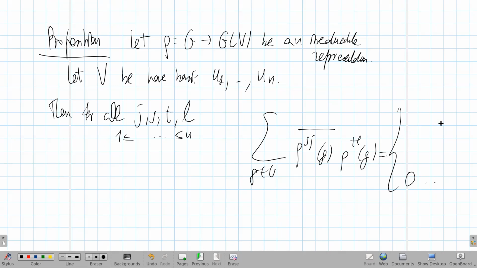But otherwise, this is something different if J equals L and TS equal T. Well, okay, I should write it in the other direction. So if the indices are the same, if the pair SJ is equal to the pair TL, then this is not 0 and will be the order of G divided by n. Okay, so n, yes, the dimension of V is n, because this is a basis with n elements.